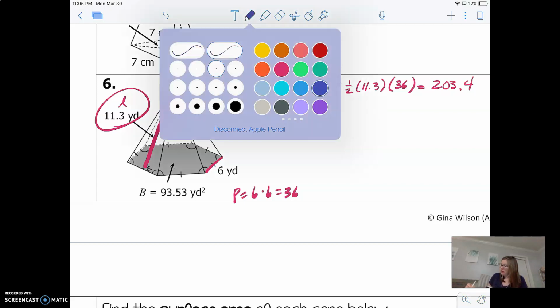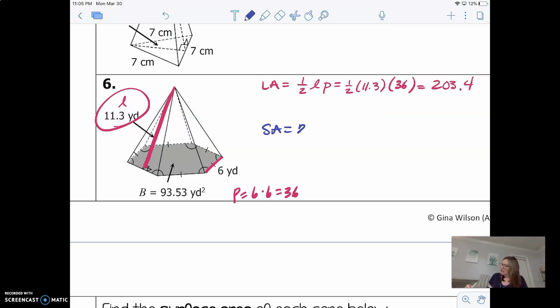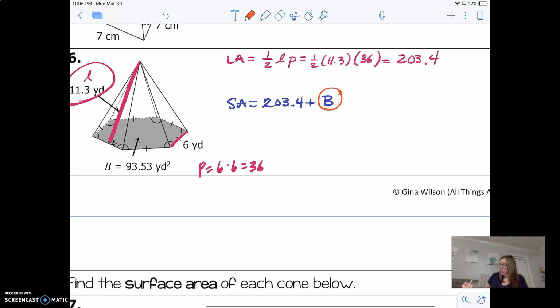Surface area here would just be that number plus area of the base. And this is where you need to know 7-3, right? This is a regular polygon, so that's 1/2 apothem times perimeter. Okay, now this particular question is easy. You don't actually have to use this because they tell you right here that capital B is 93.53.